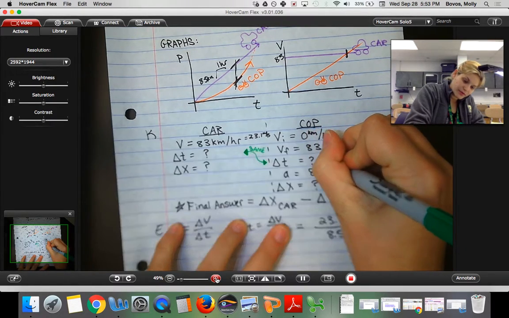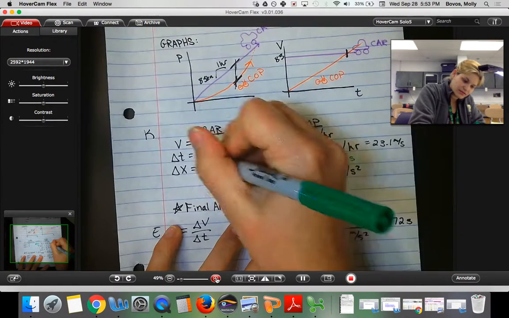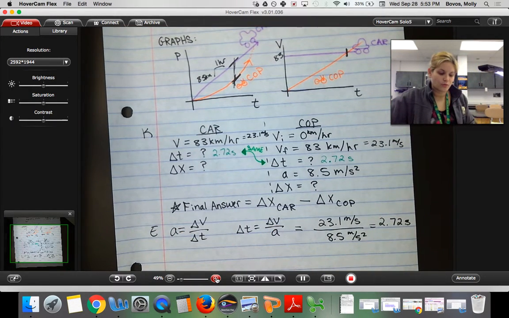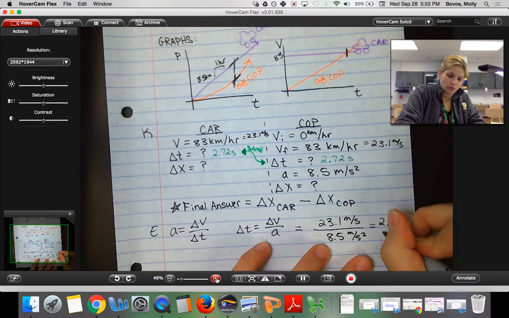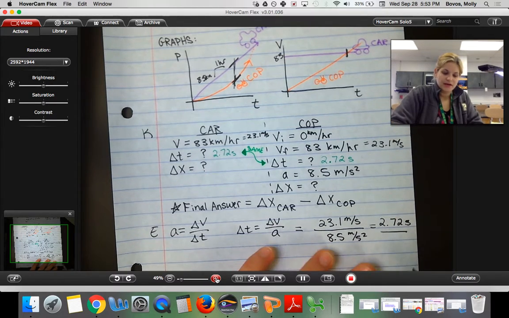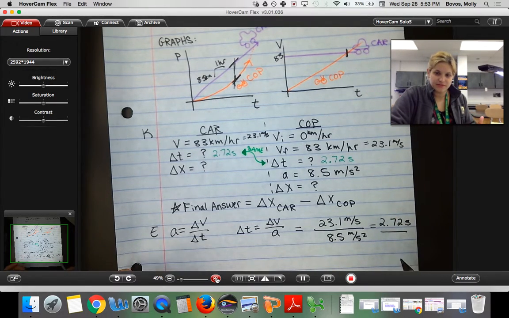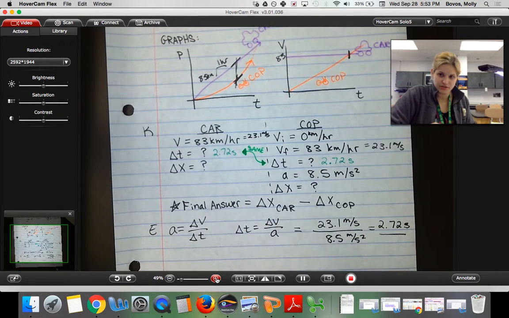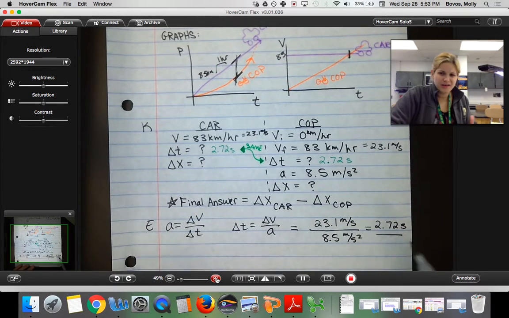Here's 2.72 seconds, 2.72 seconds. Now, where part A asks you for that time, you do need to put the correct number of sig figs, which, based on the 8.5, we know is going to be 2. So make sure that you round it off to the correct number of sig figs. But here, I don't think this rounding is going to make much of a difference in our actual number.